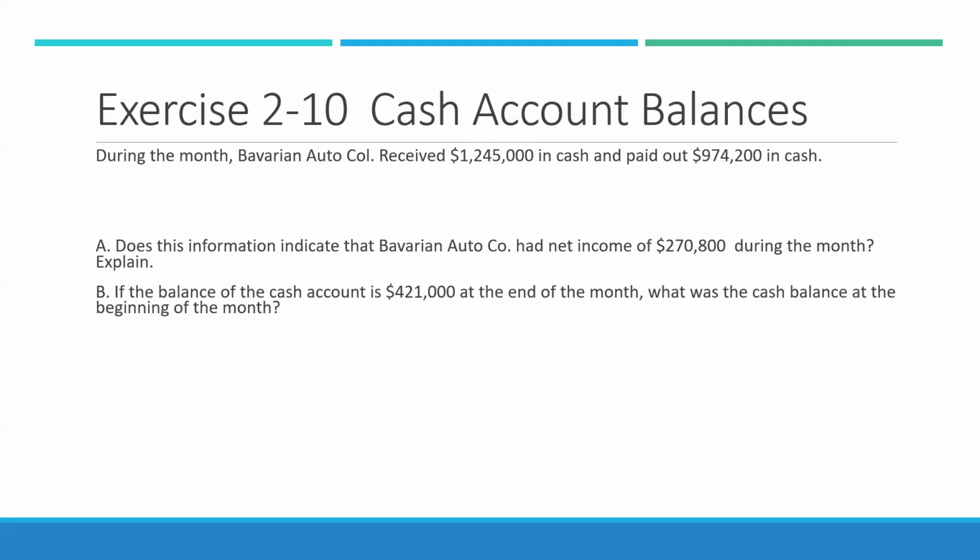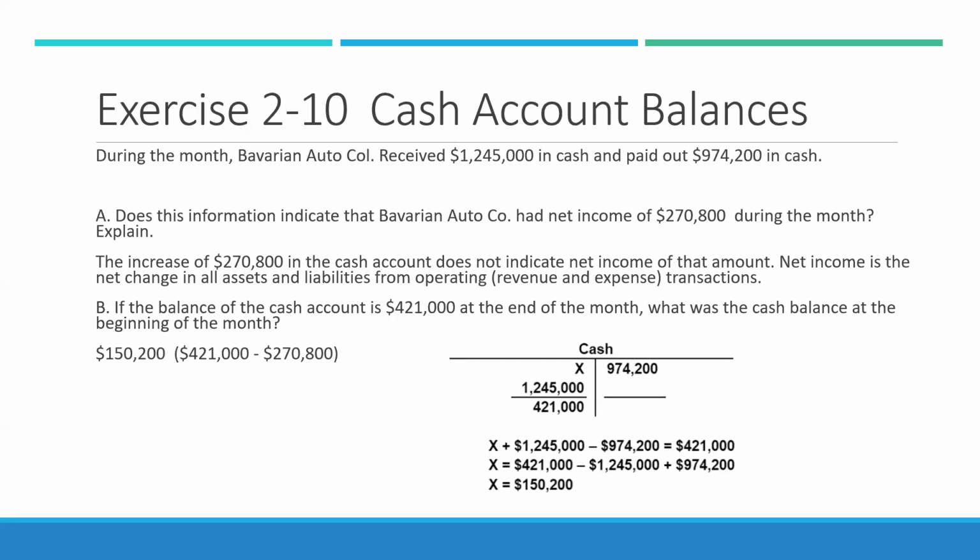The beginning cash is 421,000. So the ending cash would be 270,000. 270,800 plus 421 would be 691,000.